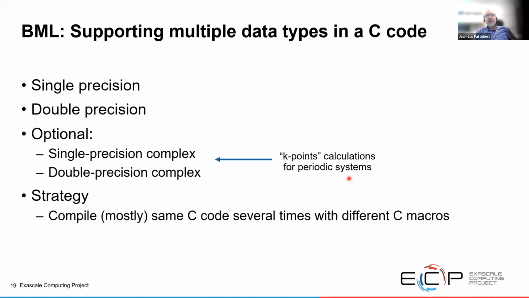And our code is in C, so we don't have templates available. So we're working with macros, and the functions that depend on the specific data types are recompiled with different values for these macros.